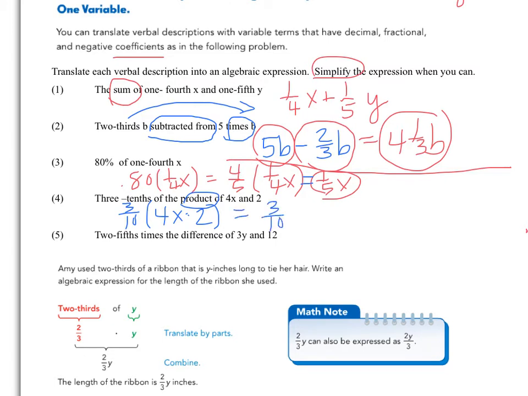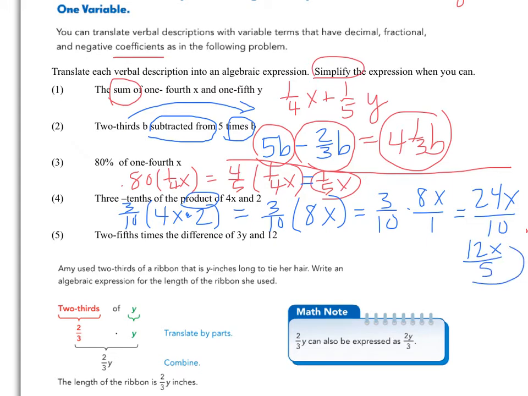Since it says product, we can multiply those terms whether they're like or not. That's going to give us 8x, so it's going to be 3/10 times 8x over 1. So that is going to give us 24x over 10. Or if we reduce that, 24 and 10 are both divisible by 2, so that's going to give us 12x over 5.